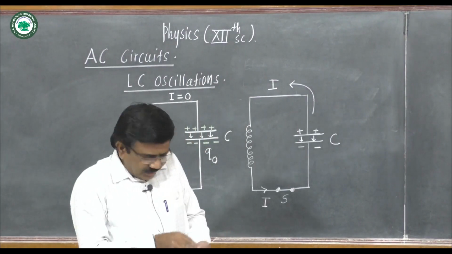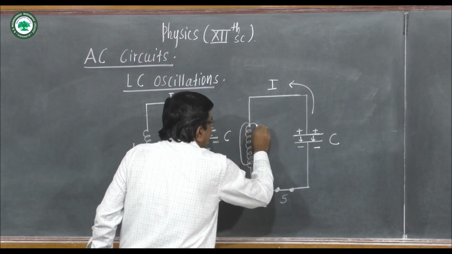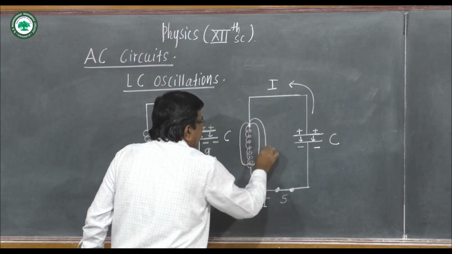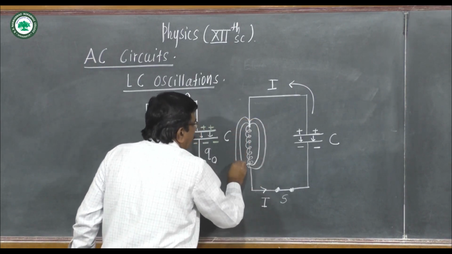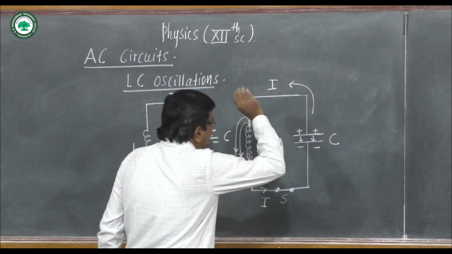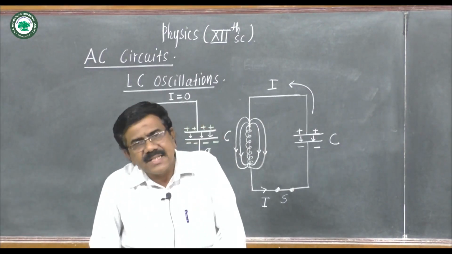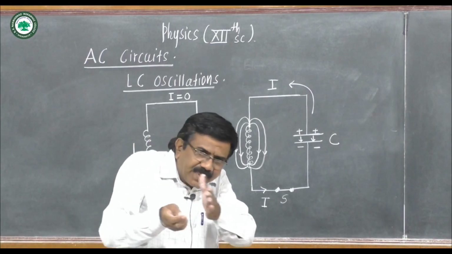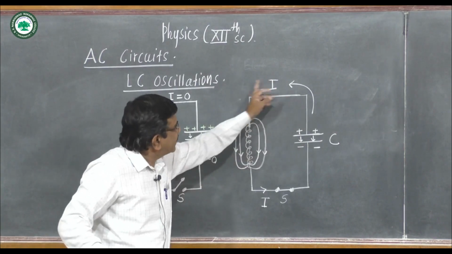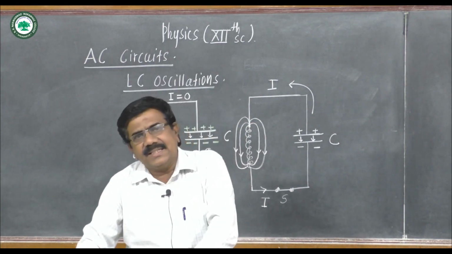Current flows through the circuit, and here the magnetic field is induced. Here there is a magnetic field like this across the inductor. In the second case, the switch S is closed, and the capacitor begins to discharge through L, sending current in the circuit.